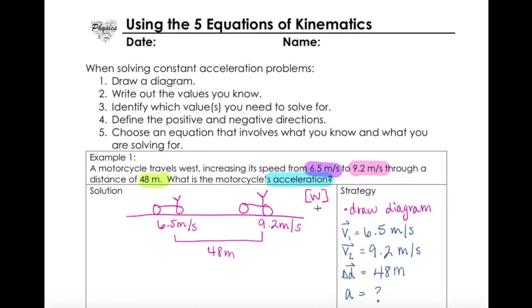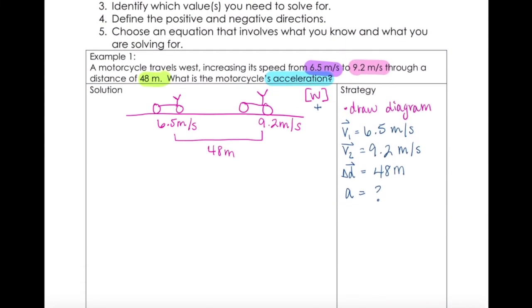Okay, so our equation is final velocity squared equals initial velocity squared plus 2ad.